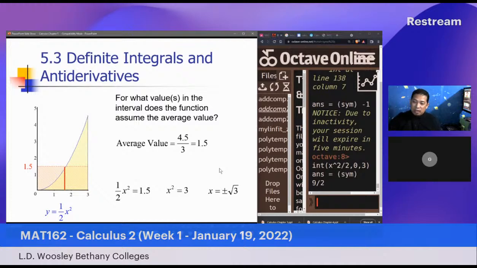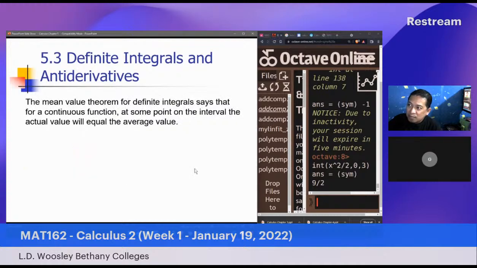So, either of the 3 values could be fitted on the average value, which is 1.5. Para kang gumawa ng linya, 1.5, yung area under it, that's the equivalent of the entire area under the curve, which is 1/2 x squared. So either on these 3 equations, pare-pareho lang to.